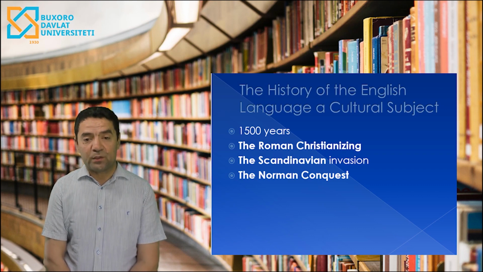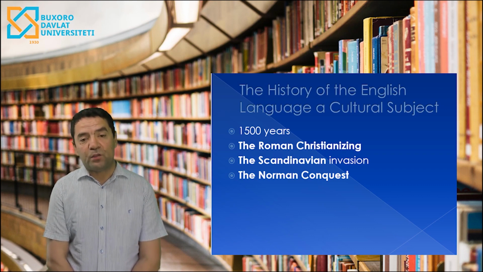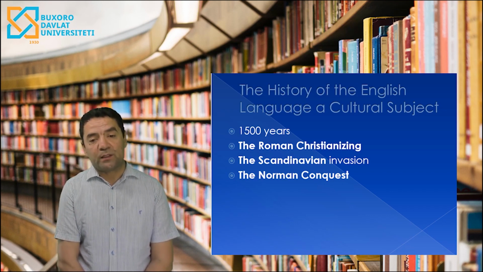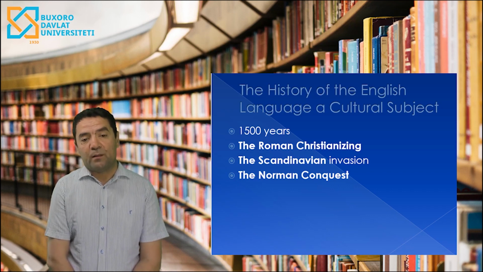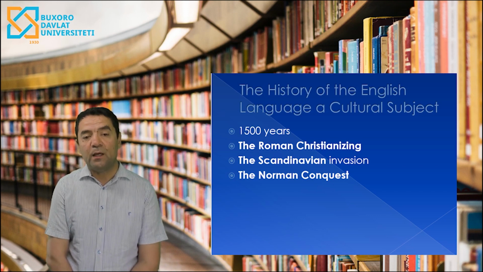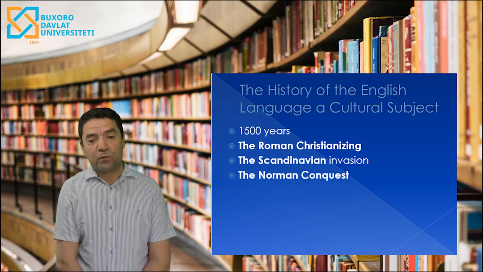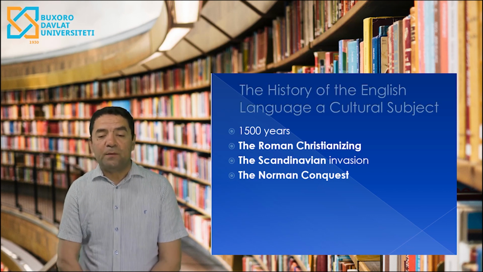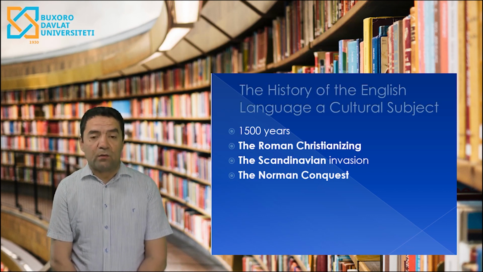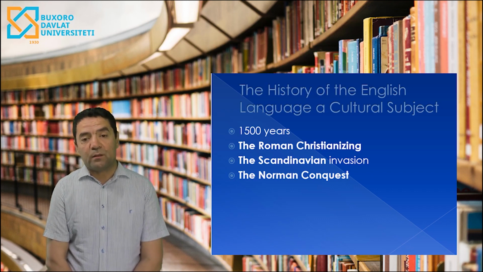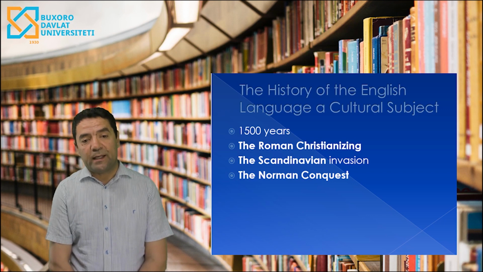That is Roman Christianizing: Britain was introduced to Roman Christianizing at the beginning of our era, somewhere in the 1st century AD, which lasted until the 4th century AD, as a result of which the linguistic situation on the land was impacted by Roman Christianizing, that is, by the Latin language.